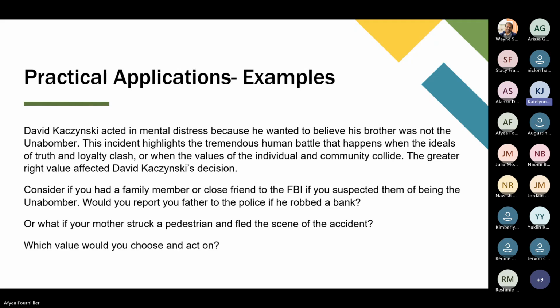Would you report your family member to the police if he robbed a bank or if he was the Unabomber? Or what if your mother struck a pedestrian and fled the scene of the accident? Which of the values would you choose and act on?